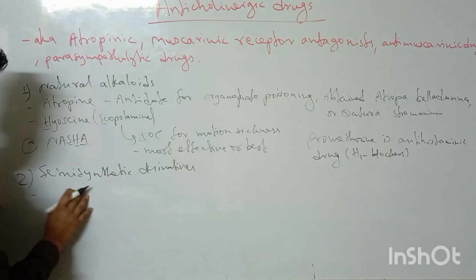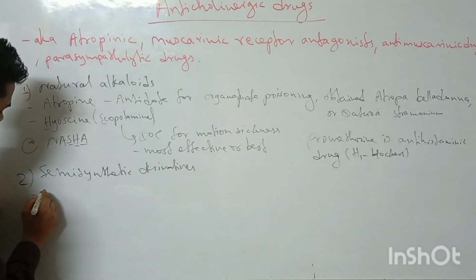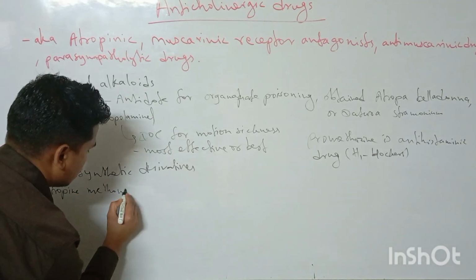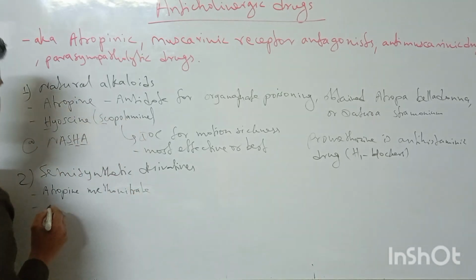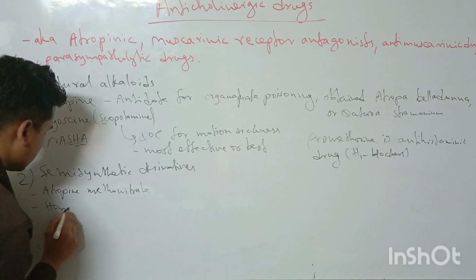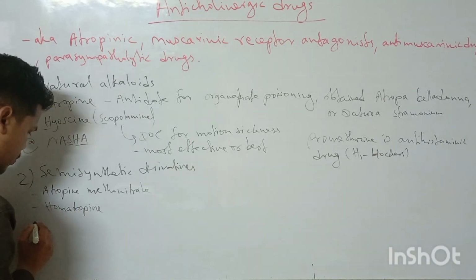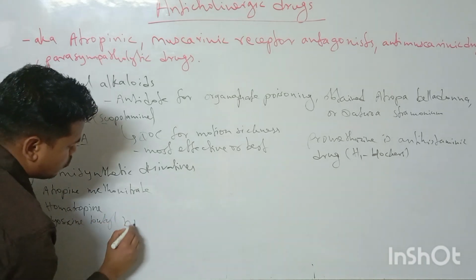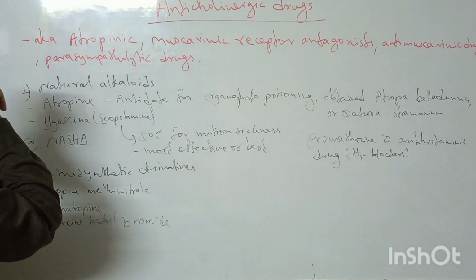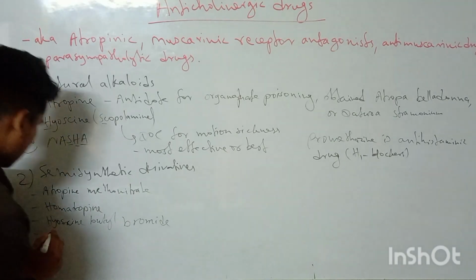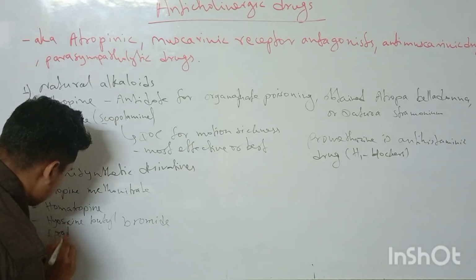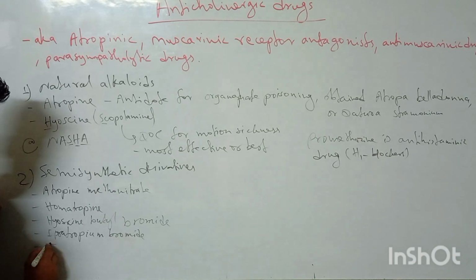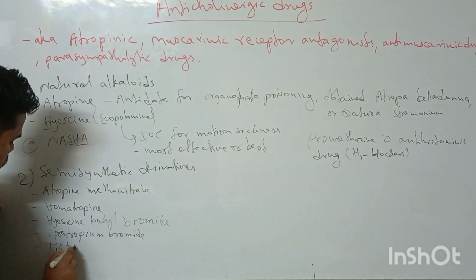These include atropine methonitrate, homatropine, hyoscine butyl bromide, ipratropium bromide and tiotropium bromide.